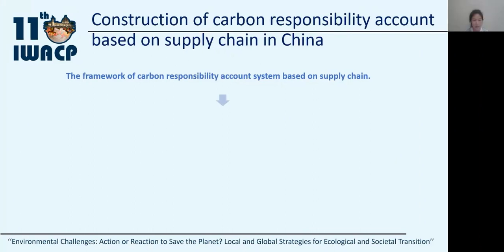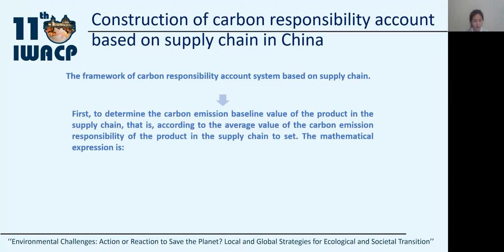Based on the existing domestic research, we propose to construct the framework of a carbon responsibility account system based on the supply chain. First, determine the carbon emission baseline value of the product in the supply chain, that is, set according to the average value of the carbon emission responsibility of the product in the supply chain.